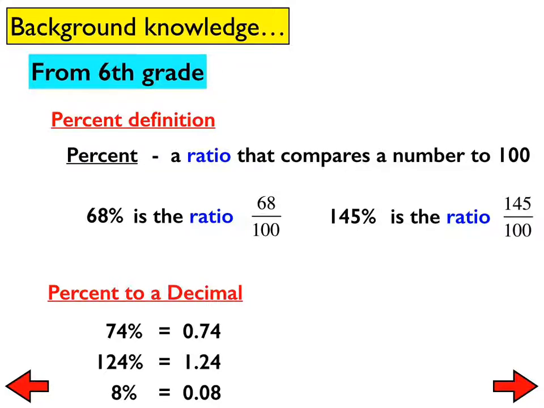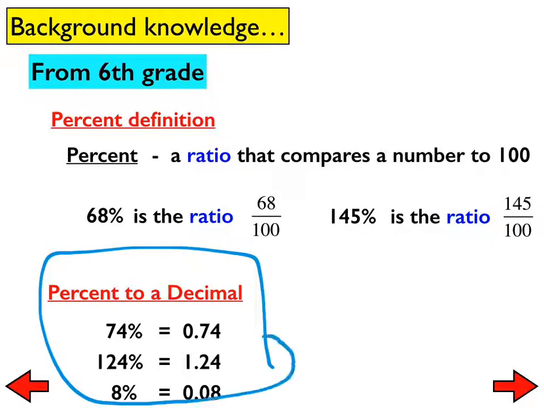Now, we're going to talk about this idea of going back and forth between percents and decimals a lot today when we deal with our problems. So you need to make sure you totally understand this relationship, especially right here. Do we all remember doing that earlier in 5th grade or 6th grade? Yeah, you should, because I guarantee that you've done it before.